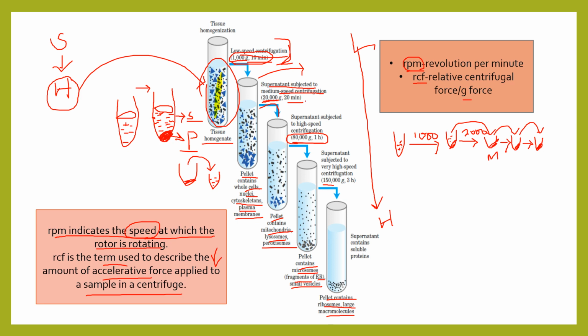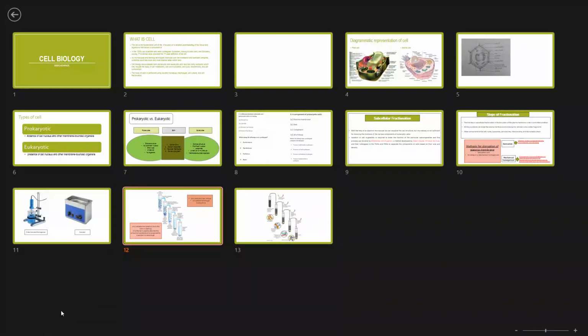At which G, for how many minutes, and for what time did we apply it to get the nucleus, cytoskeleton, and plasma membranes? This diagram is very important for solving the questions. Okay, thank you.